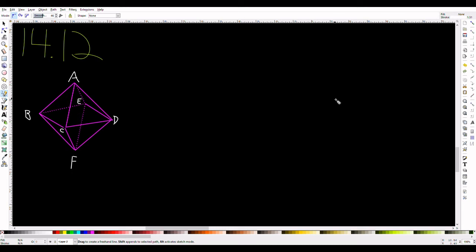It's on a plane within a shape, and that shape is BEDC. What shape is BEDC? If you were to look at it from above, directly above, what shape would it be? It would be a square. And so to find BD, we're finding the diagonal of a square.